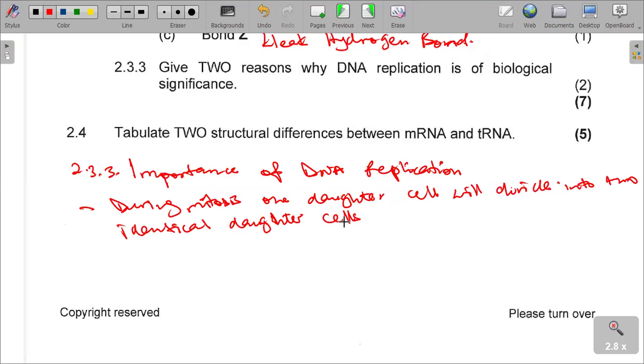And then for each daughter cell to have identical genetic information as the mother cell, DNA is to make a copy before division.